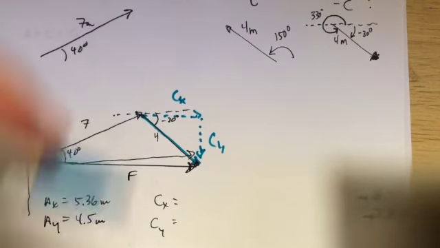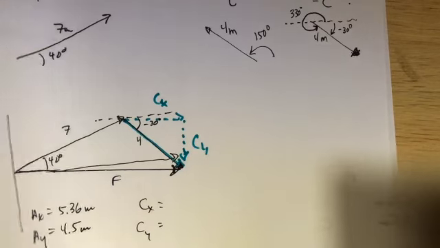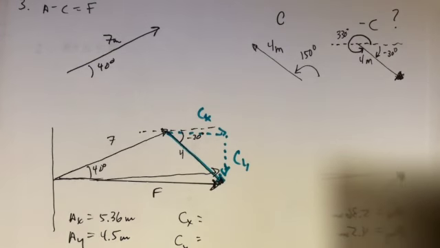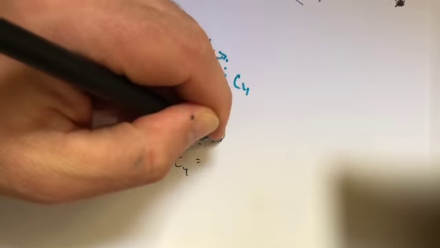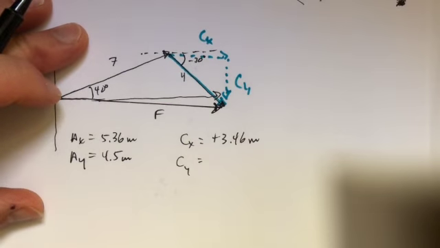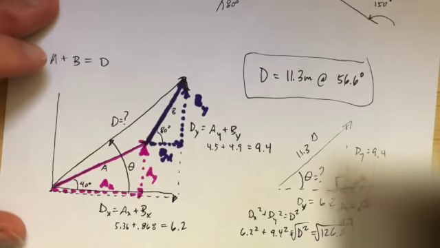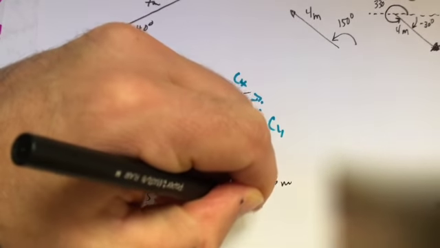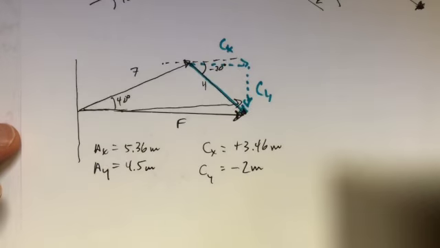It's going to the right, which means that before, CX was negative 3.46. Now it's going to be positive 3.46 meters. CY is going down this time. So CY last time was 2 meters. So now it's going to be negative 2 meters. Okay, so a lot of the work was already done here.